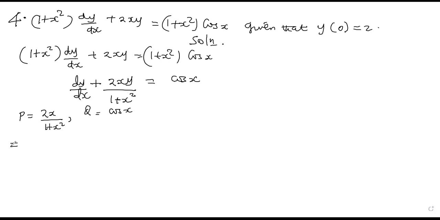Implying that our integrating factor lambda is equal to e to the integral of P dx, which is going to be e to the integral of 2x over (1 plus x squared) dx.